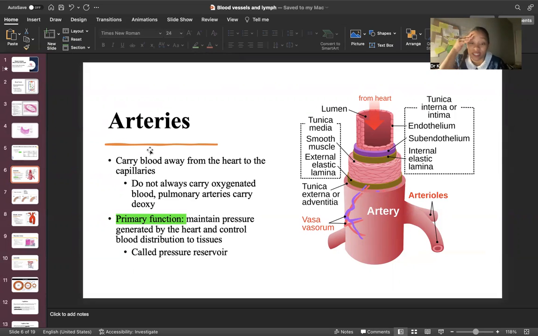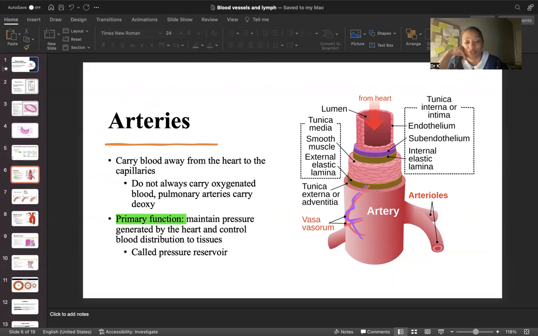Right, because our veins are not going to be as, I didn't put them in one slide to compare them for you, which I should have, but your veins, they're not going to have as much force compared to the arteries.